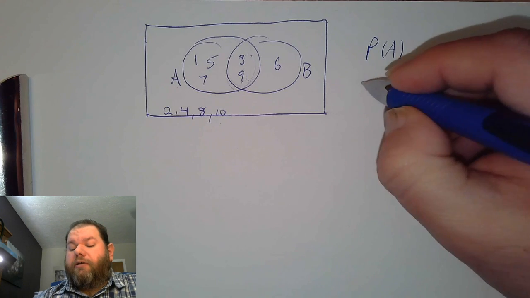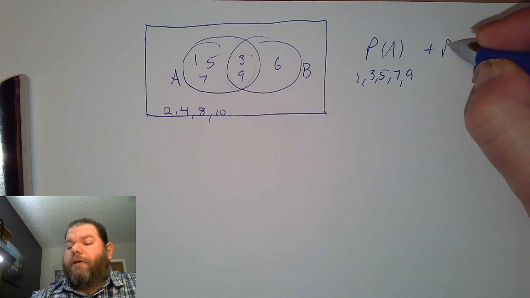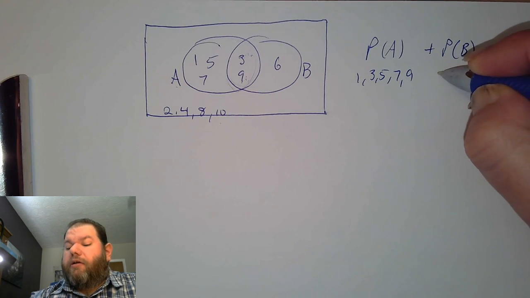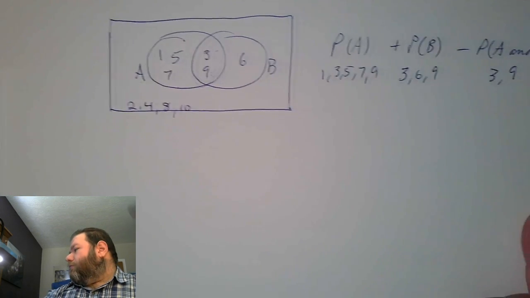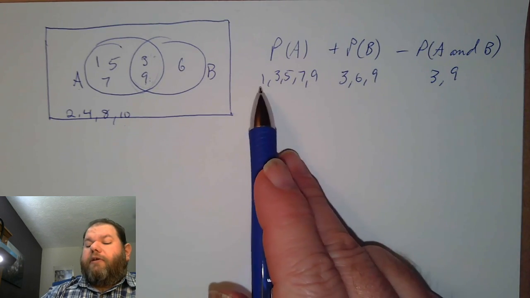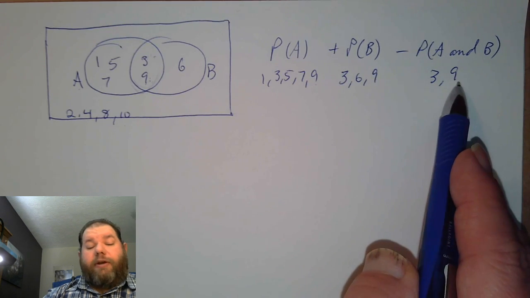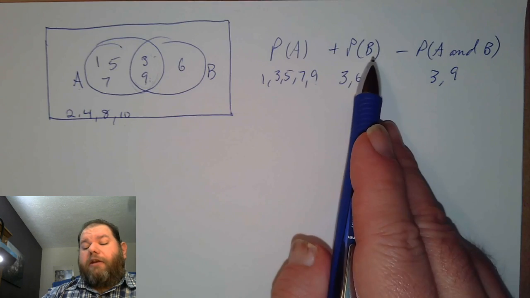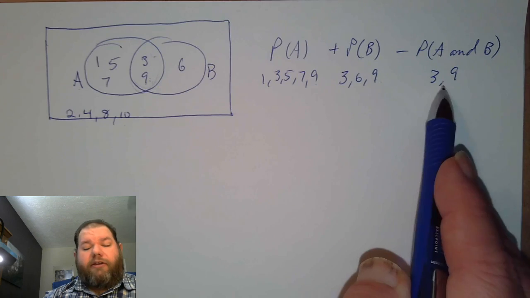So P of A is 1, 3, 5, 7, 9, plus P of B is 3, 6, 9, minus P of A and B, which is 3 and 9. So we take these 5 numbers plus these 3 numbers, but then take away these 2 numbers. When we added P of B, we added 3, 6, and 9, but we don't need that 3 and 9 a second time, so we take them away again.